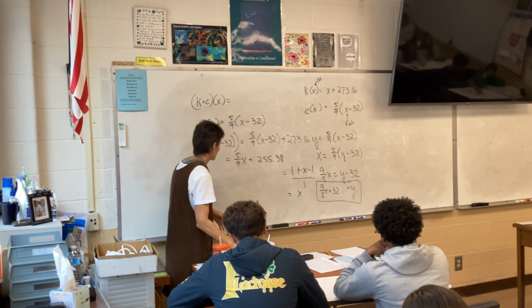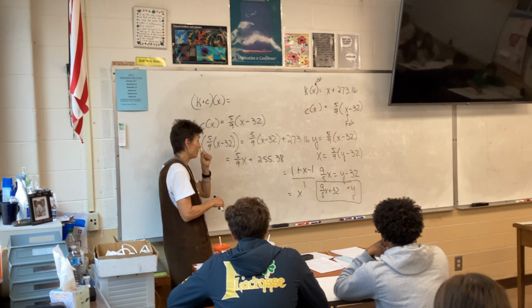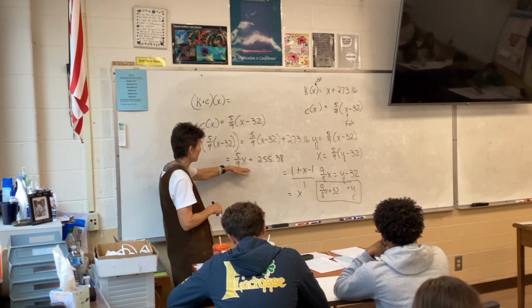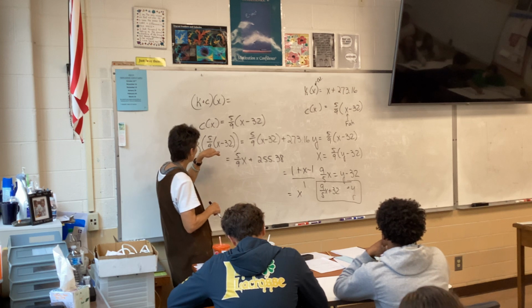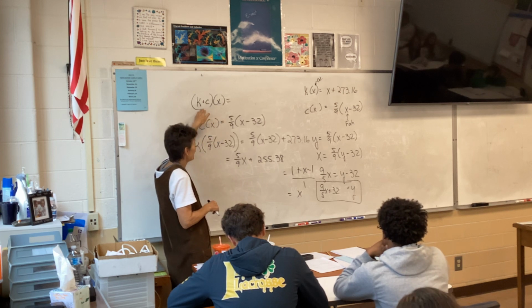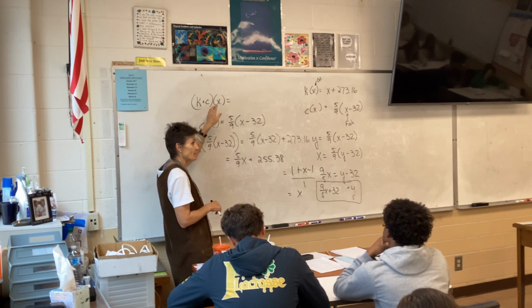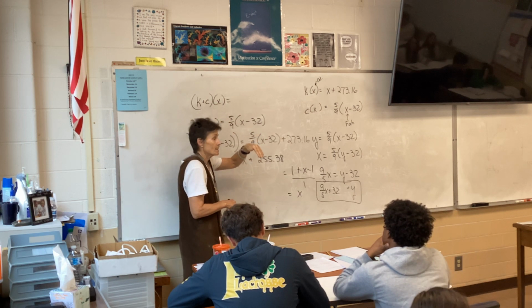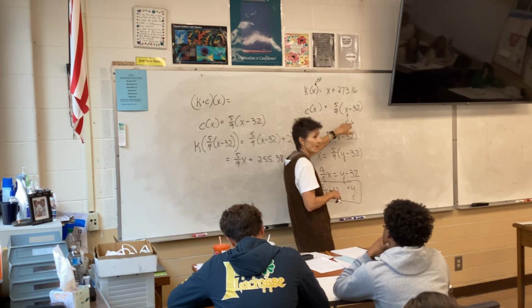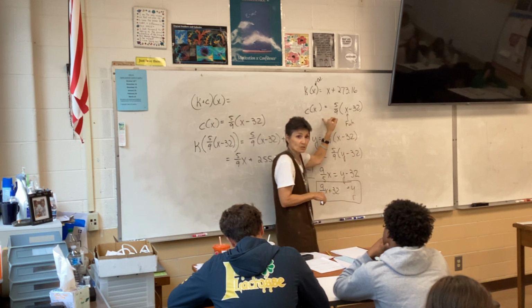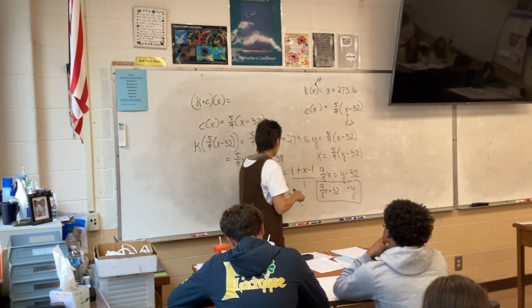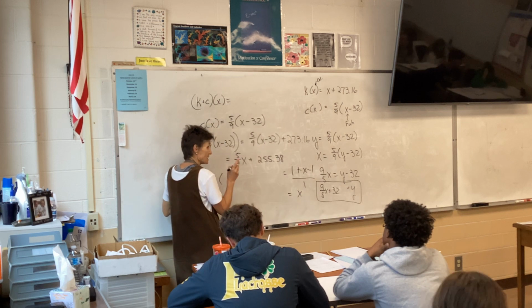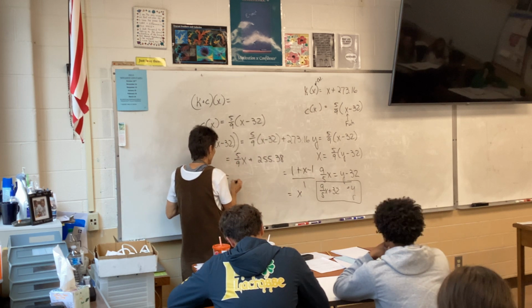Okay, so what is that now? This is what I end up with when I plug my C function into my K function. What did the C function do? C took a Fahrenheit and changed it into Celsius. So the ordered pairs for C were Fahrenheit, Celsius.